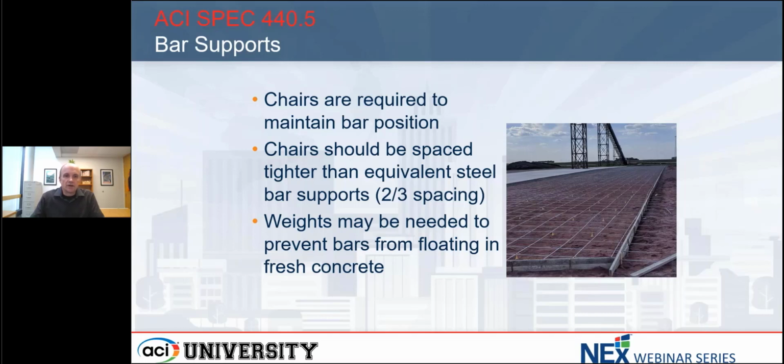The other note there is that GFRP bars can float in fresh concrete. So in some cases, you not only have to hold them in position from sinking, but you also have to hold them so that they don't float to the top of the concrete pour. So they may have to be secured against floating to maintain the position of the bar in fresh concrete.